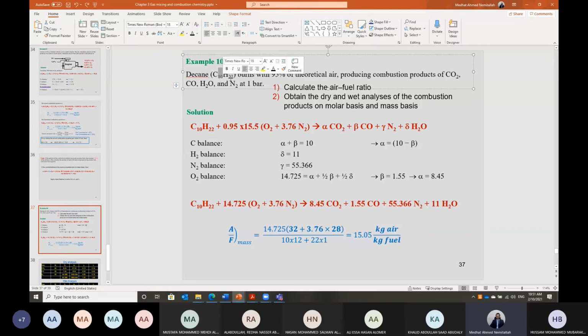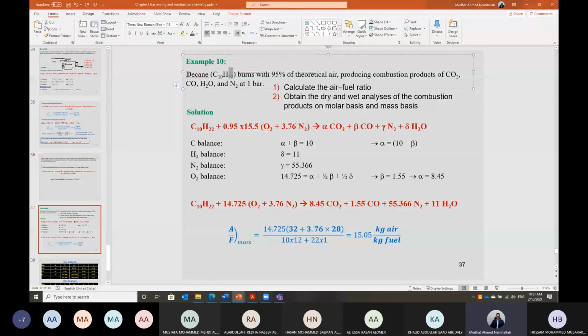So CnH2n plus 2, that means the number of hydrogen atoms should be 22. So when I say decane, you have to realize that this is C10H22, okay? I will not write it out.